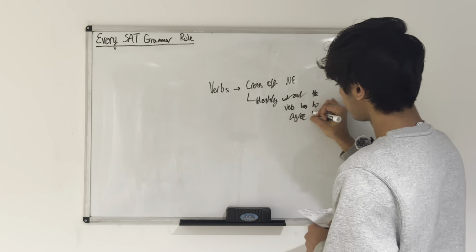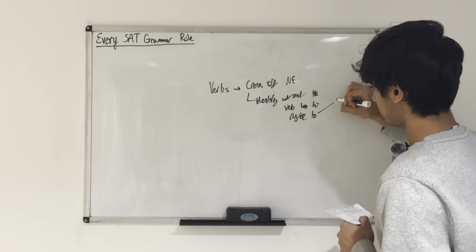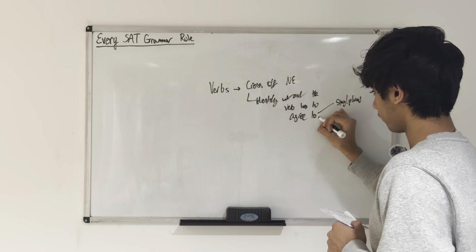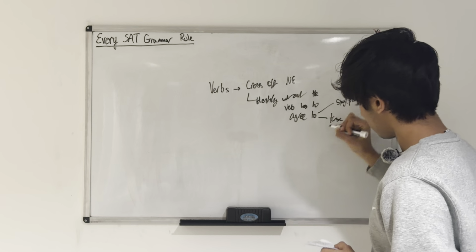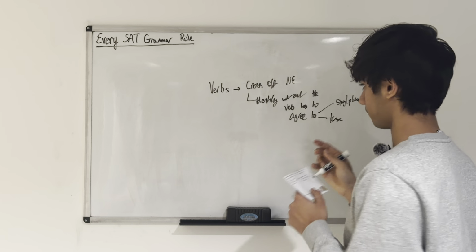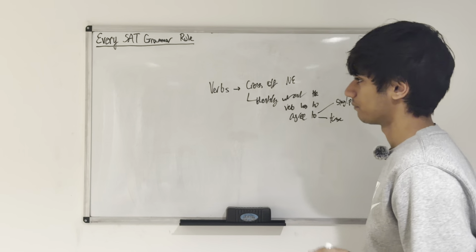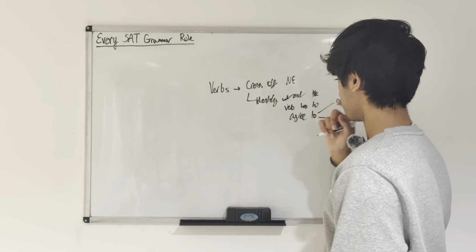Once you identify that, identify things like, is it singular or plural? This is the main one, but then you can also identify the tense: is it past tense, future tense, etc.? And once you have this and this, you can basically figure out any verb question.